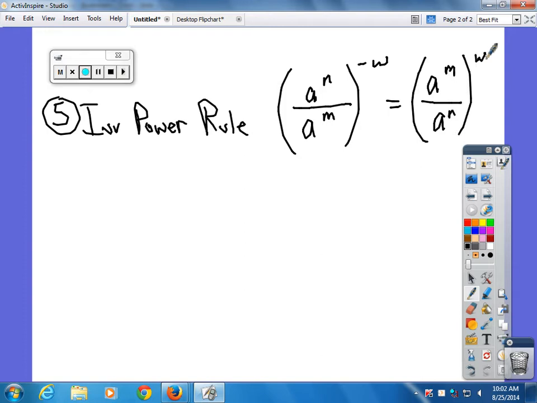Now, a lot of people say, well, Hubert, I thought you said if you flip 1 over a to the negative n, it becomes the opposite. Yes, that's to the first power. But this is not to the first power. This is to a power greater than 1, or different than 1, not equal to 1. How about that? So this is used when you have an exponent not equal to 1.